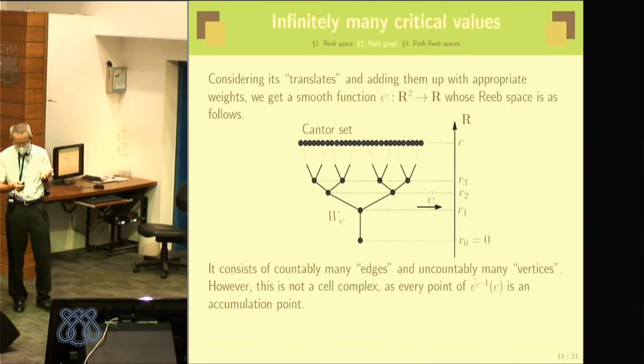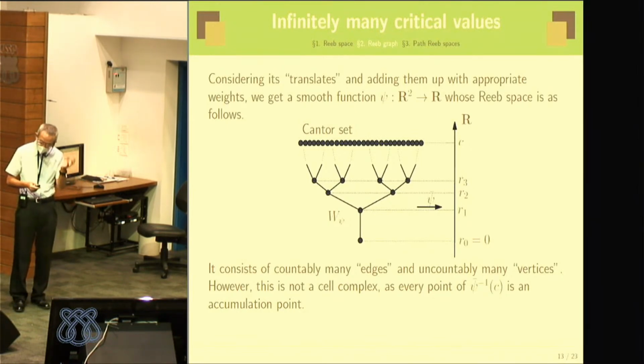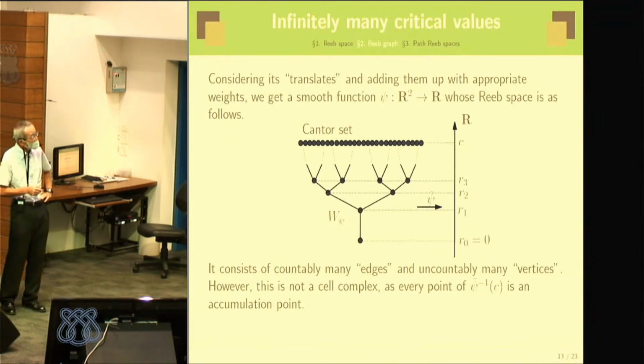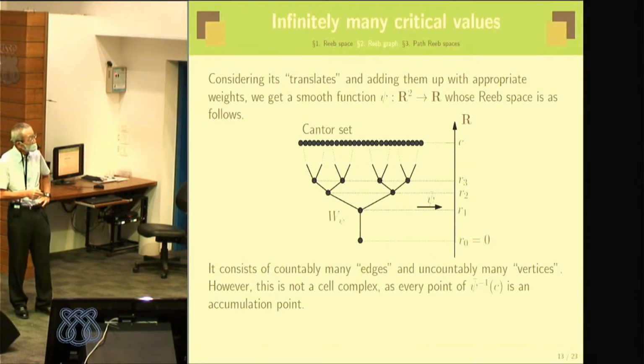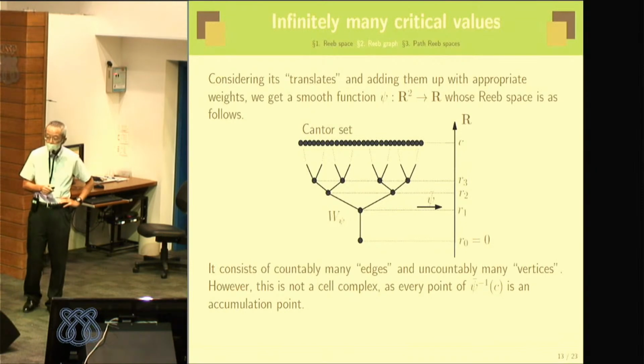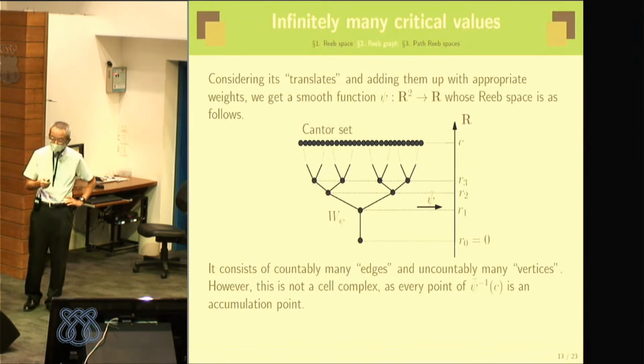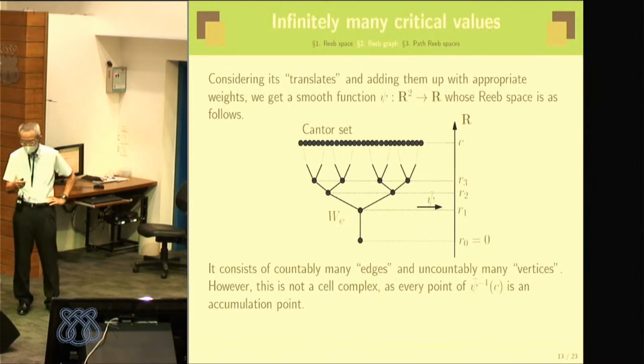So this is a very simple, but on the other hand, a very complicated example. The Reeb space seems to be a graph, but it's not. And of course, in this example, there are infinitely many critical points and also infinitely many critical values. Okay, so there are such very complicated examples.